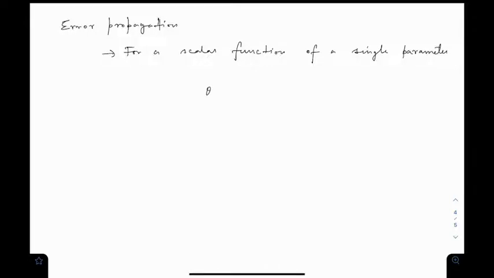So basically this transformation from theta to theta prime gives a transformation for the estimate and also for the spread.